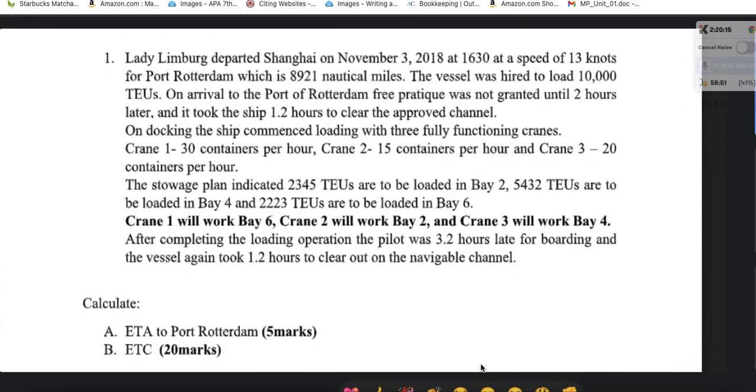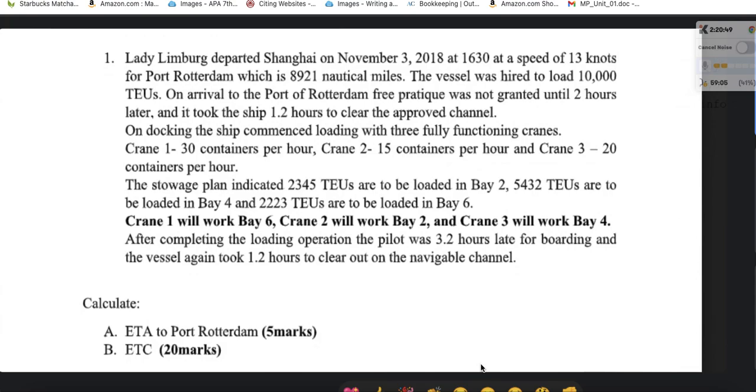Okay, continuing. So now we're taking it step by step. You're going to draw up your table where you have November 3rd at 16:30, and then you're going to add 28 days, 14 hours and 10 minutes.